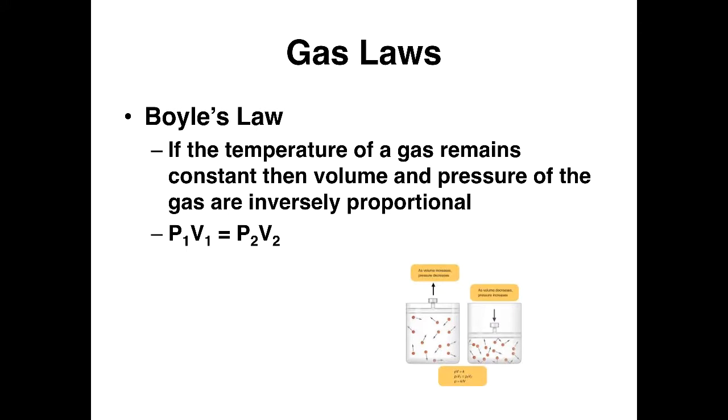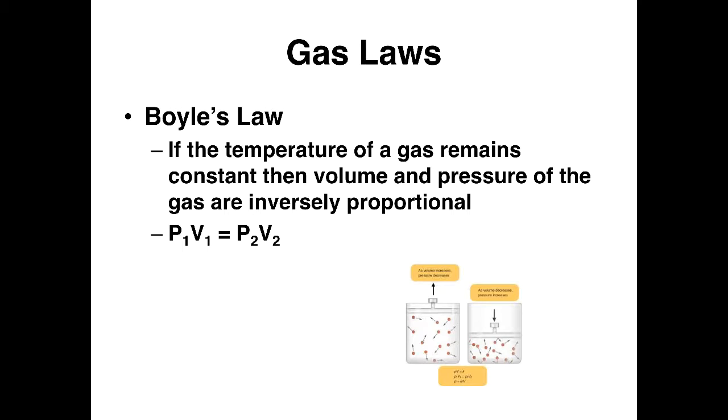Here's a diagram that shows this. Another mathematical way to show this, down at the bottom, is that the product of the pressure and the volume remains constant. That means that if you have two states, then the product of the pressure and the volume in the first state has to be equal to the product of the pressure and the volume in the second state. It shows, using the kinetic theory, why this is the case.